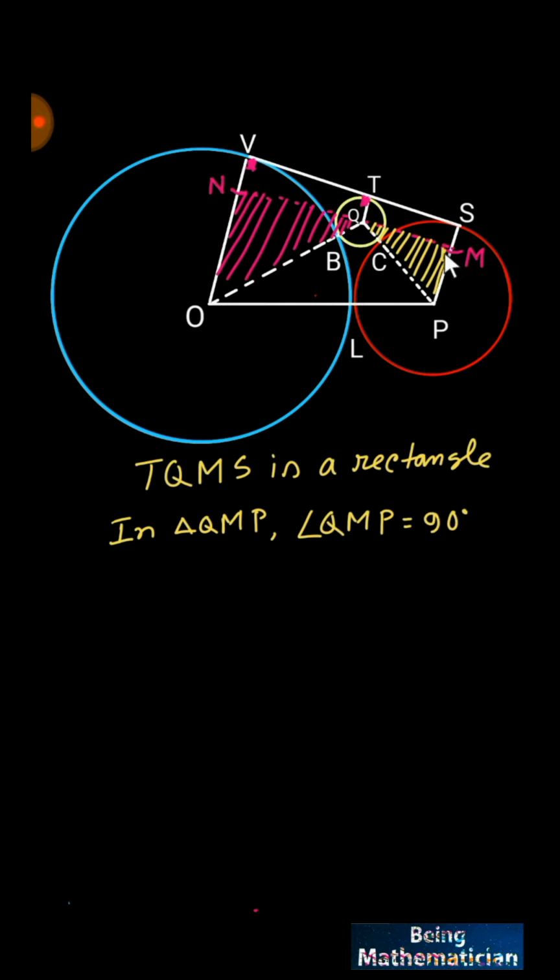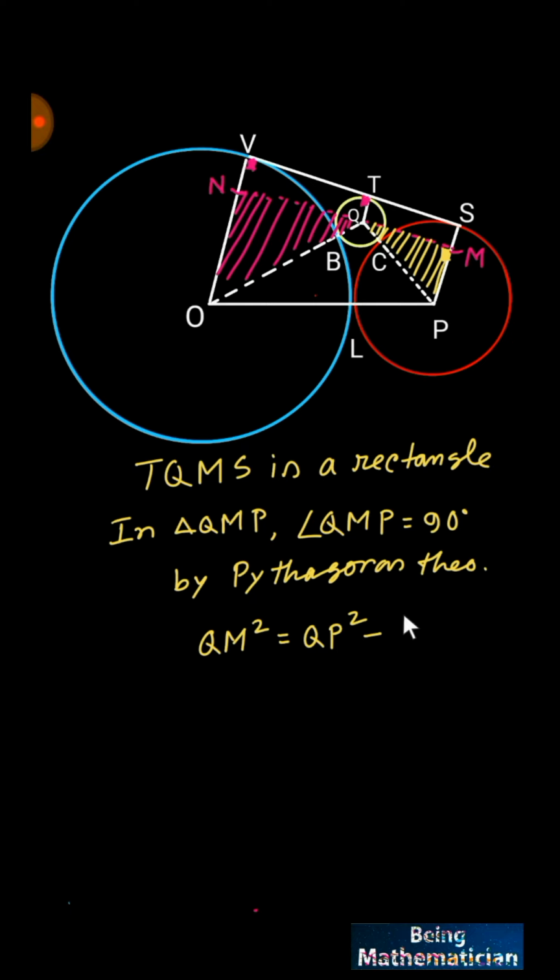This angle 90 degree. So applying the theorem of Pythagoras, we can say QM square is equal to hypotenuse, that is QP square minus PM square.